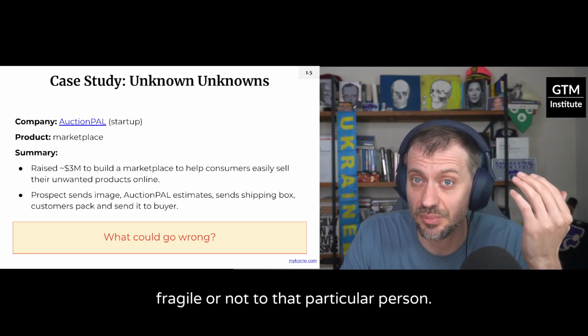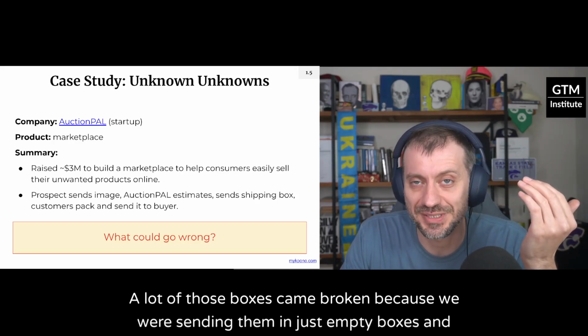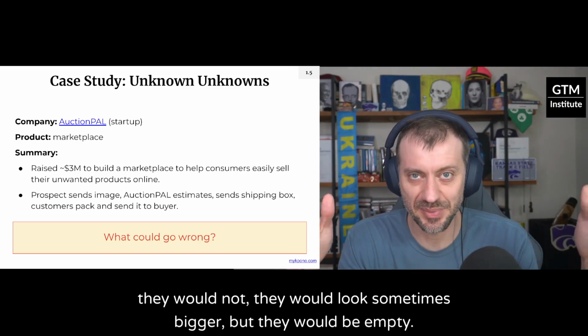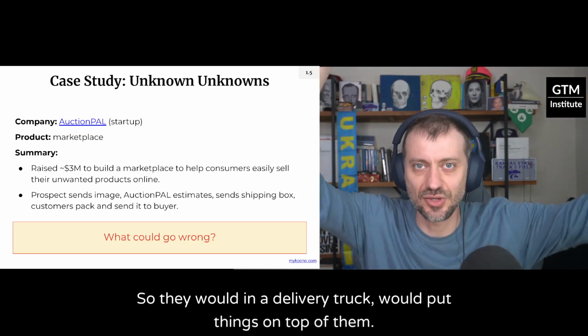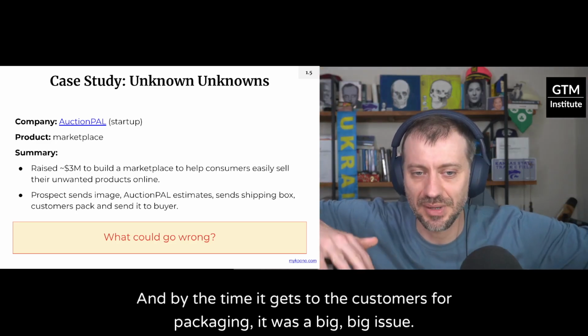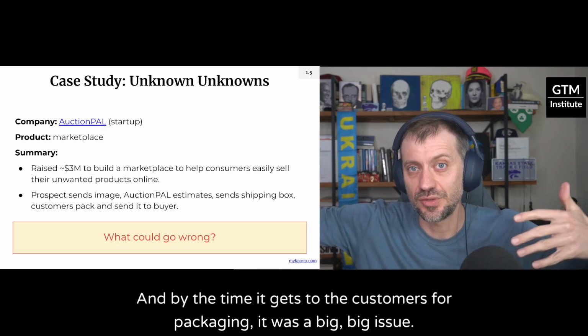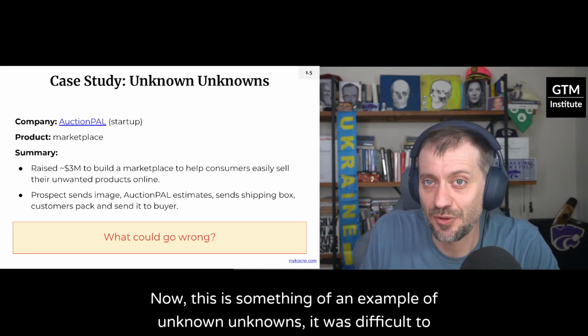A lot of those boxes came broken because we were sending them empty. They might look bigger, but they would be empty. In a delivery truck, they would put things on top of them. They would have holes in them, and by the time it got to the customers for packaging, it was a big issue. Now, this is an example of unknown unknowns.